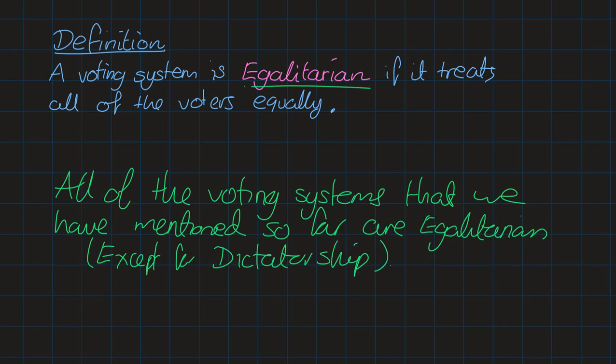Right? Dictatorship is like the most un-egalitarian voting system that you can think of. There's just one voter, the dictator, which completely determines the outcome of the election, and everyone else's votes aren't considered at all. Okay? Not all the voting systems used in the world are egalitarian, especially when voting systems get more complex. It's often easy for this egalitarian condition to not be satisfied.